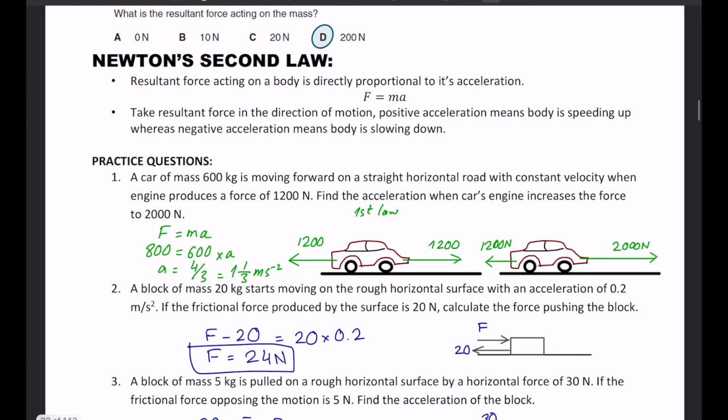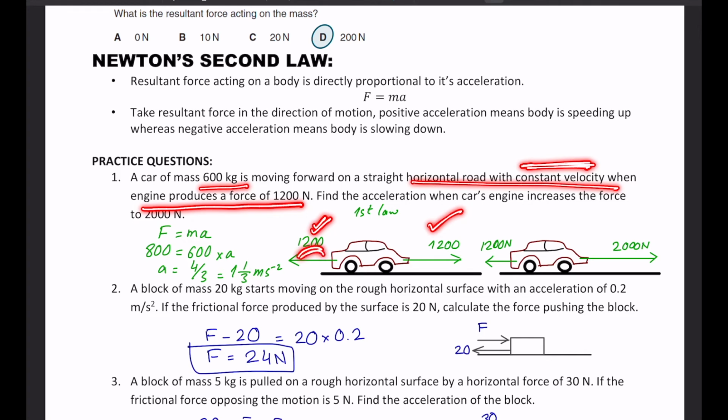Let's have a look at some of the practice questions. It says a car of mass 600 kg is moving forward on a straight horizontal road with a constant velocity when the engine produces a force of 1200 Newton. Since it is moving with constant velocity, the forces must be balanced. So if the engine produces 1200 Newton force, the backward resistive forces must also be equal to 1200 Newton.